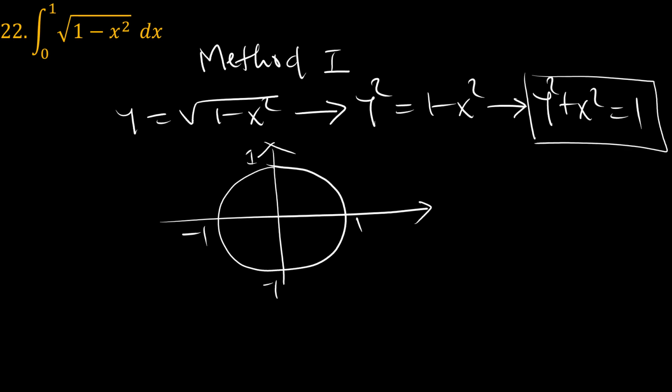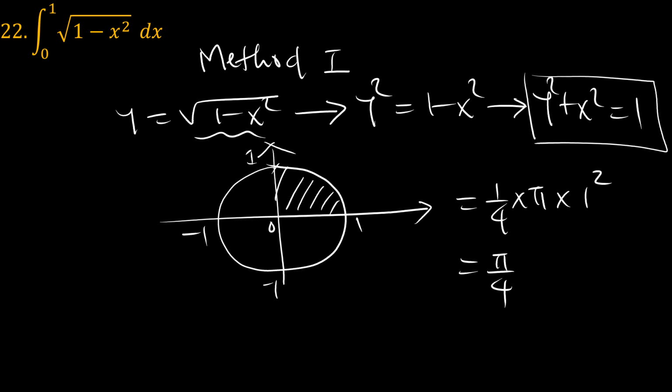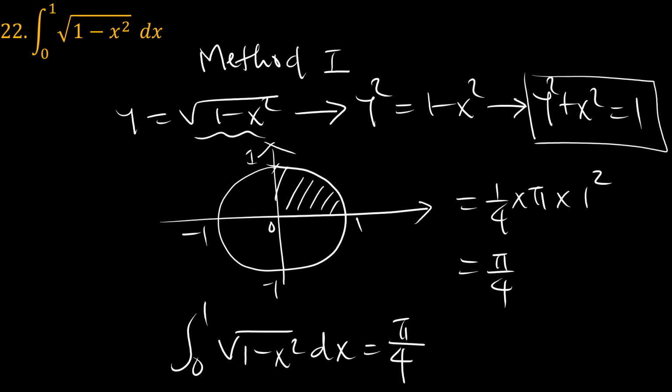But it's from 0 to 1, and it's in the interval where this is positive. So this is the region where we're interested, right? Which is a quarter times pi times 1 squared, which is pi over 4. So, easier. And that is it. Now let's use method 2, which is the harder method.